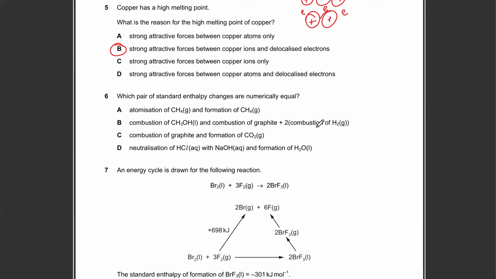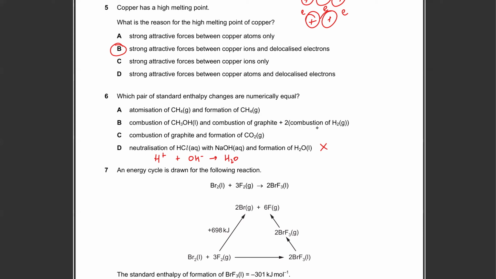Which pair of standard enthalpy changes are numerically equal? Is it the last one? The last one? Because neutralization produces 1 mole of water. No, the last one is not the same thing because neutralization is when an acid and a base react and produce 1 mole of water, right?